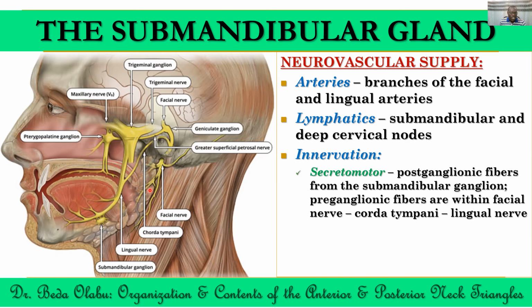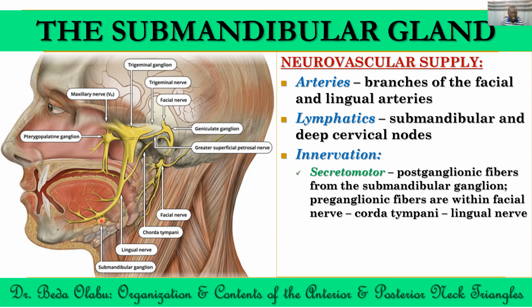So in this image, we can see what I've just told you: from the superior salivatory nucleus, the fibers will be within the facial nerve. Then within the ear, the facial nerve gives you the chorda tympani branch. This chorda tympani branch joins the lingual nerve, which is a branch of the mandibular nerve. And so the preganglionic fibers will come and synapse in the submandibular ganglion.